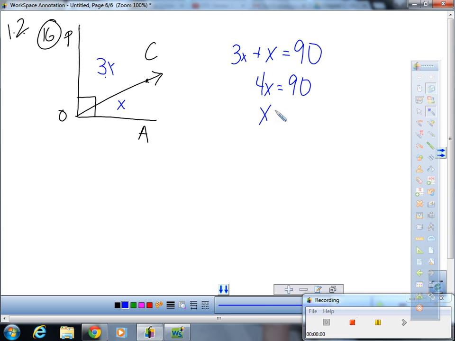Divide each side by 4. 90 over 4 is 22.5, so x is 22.5. Be careful, that's not the question. The question asks, what's the measure of POC? So that's 22.5 times 3. So angle POC is 67.5. Okay, next question.